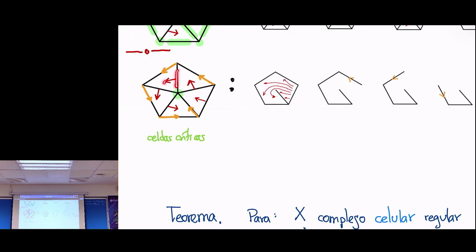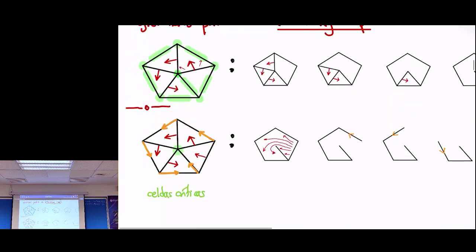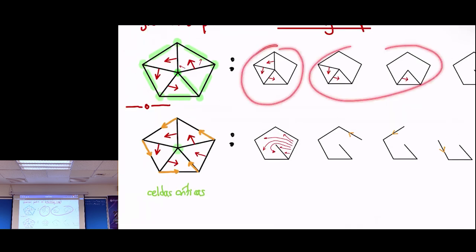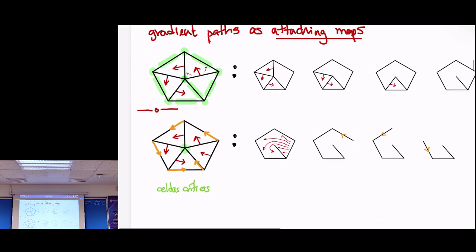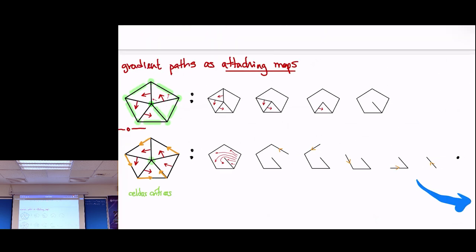This guy is not a free face. So the very first deformations are just lowering the number of two cells. But still you're making deformations out of no free faces. Yeah. But in this particular case, at some point, if you want to keep on deforming this, you would necessarily have to use a free face.